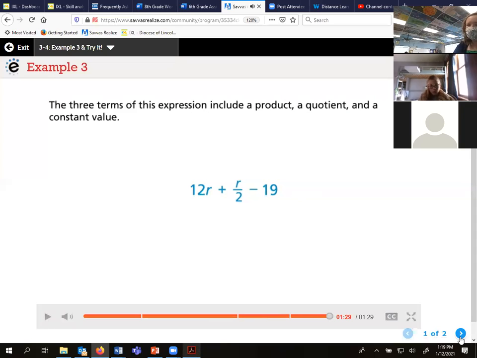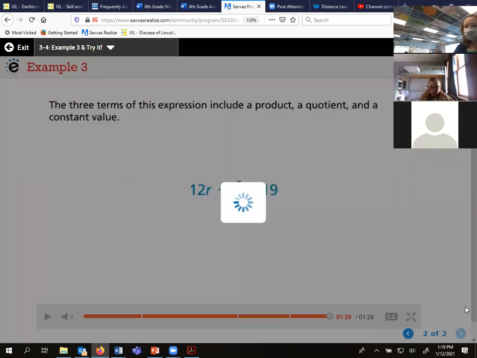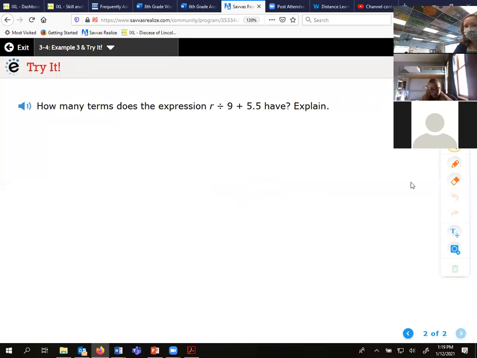So let's kind of apply this here. Okay, so here we have an expression, r divided by 9 plus 5.5. How many terms does it have?